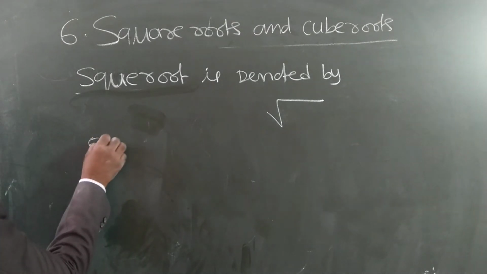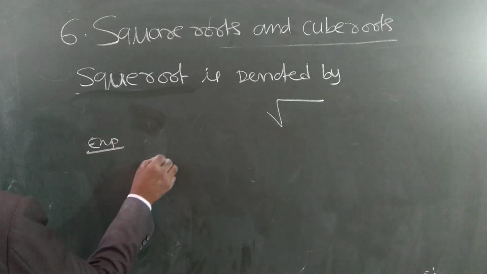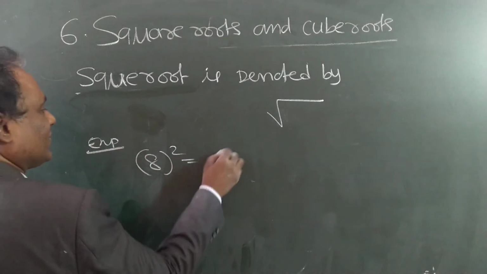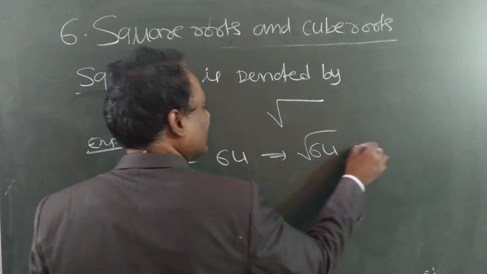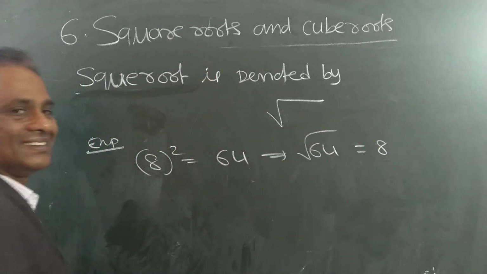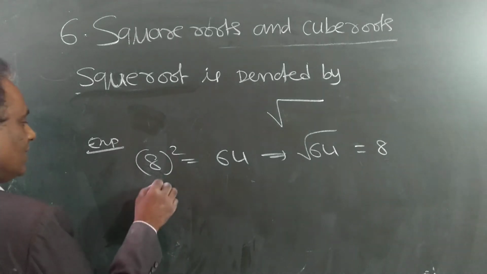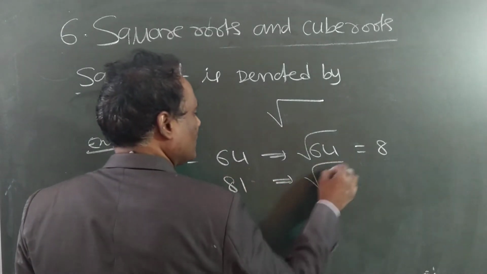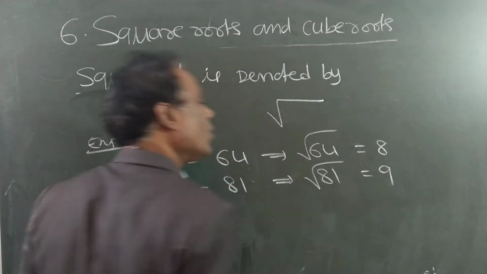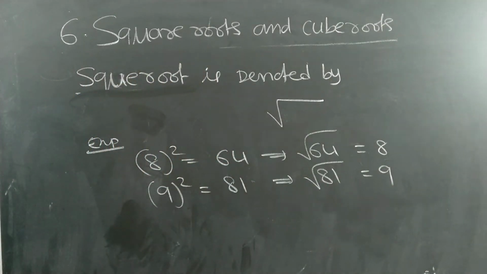Example, see here students, what is 8 square? 64. That means square root of 64 is 8. 9 square is 81. Square root of 81 is 9. How we have to find that I will explain.